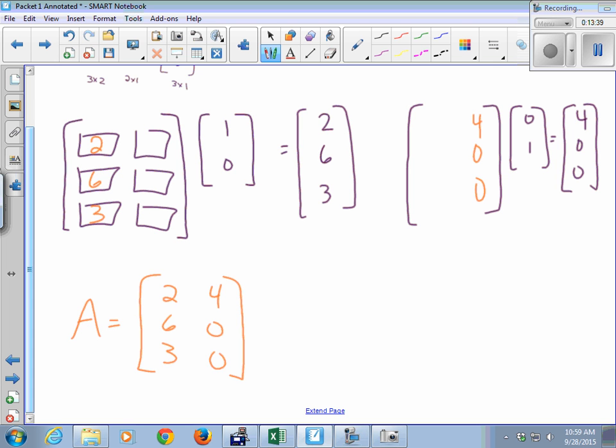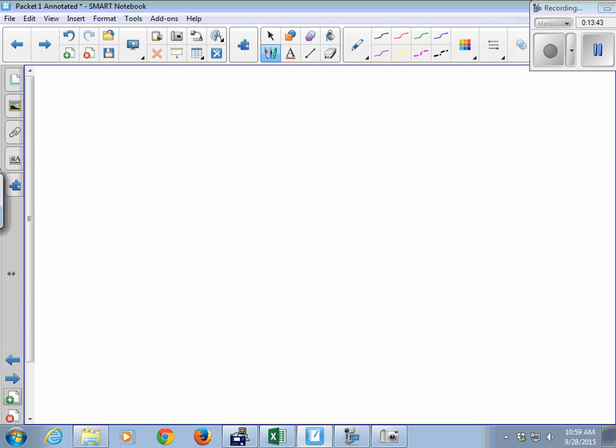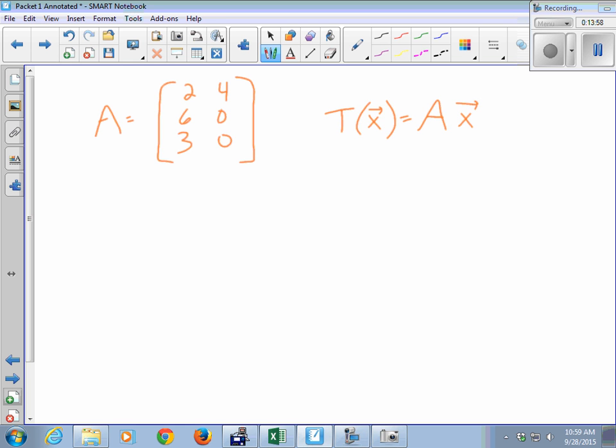Let's think about onto first. So A is the matrix with columns (2, 6, 3) and (4, 0, 0). T of X is A times X, right? And A is that matrix. So whatever vector I want to plug in, I just take that vector and multiply by A. I get a new vector, A times X. All right, so the question is, is it onto?